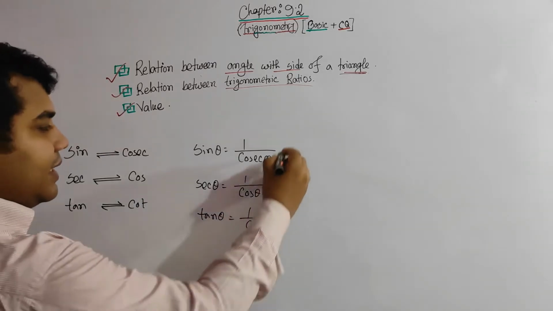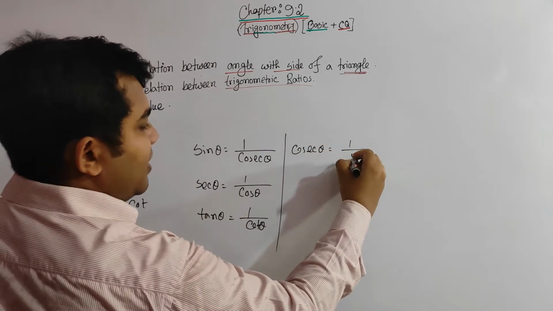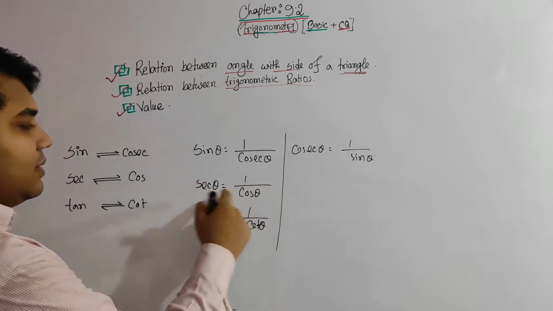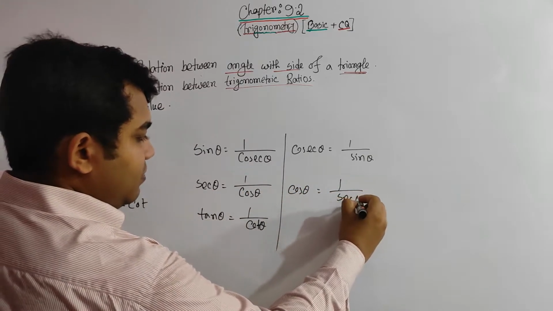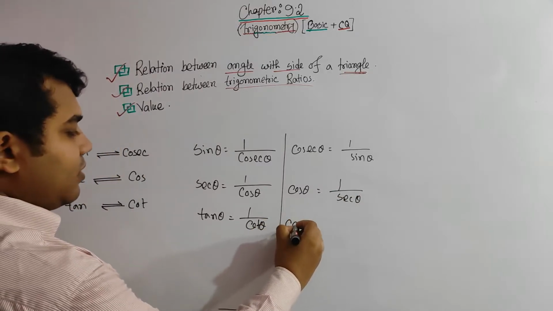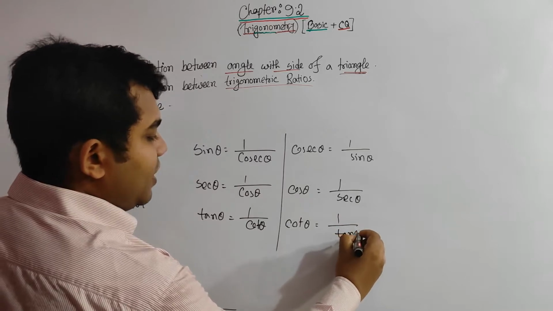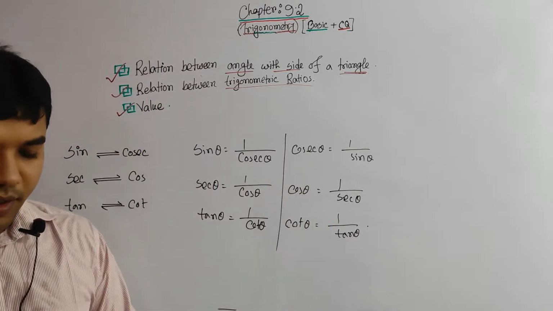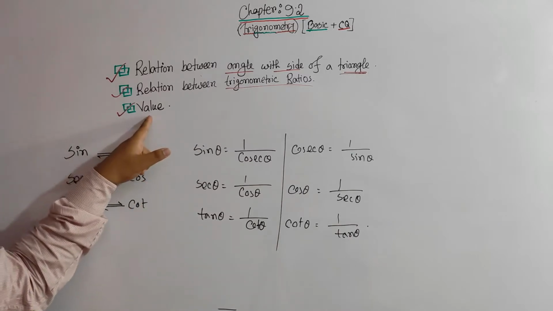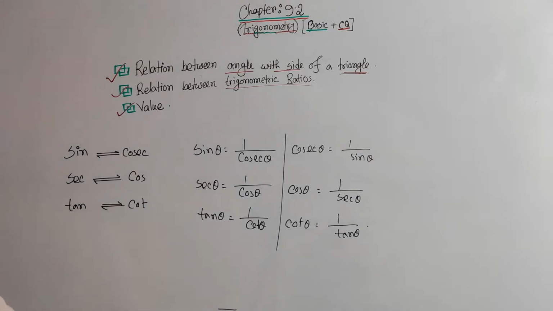Similarly, cosec theta is equal to 1 by sin theta, cos theta is equal to 1 by sec theta, and cot theta is equal to 1 by tan theta. So this inverse relation is very important for memorizing the values of the trigonometric ratios. Why? I am just focusing on that part right now.